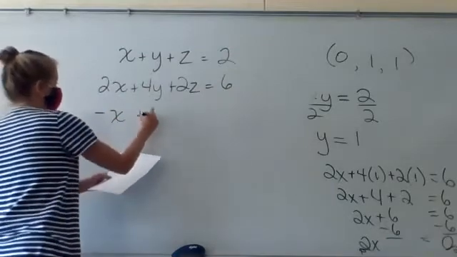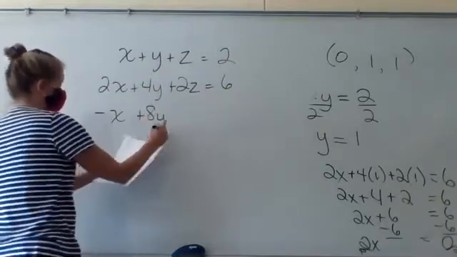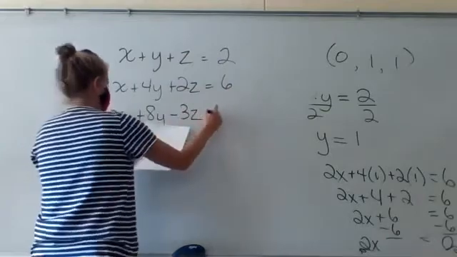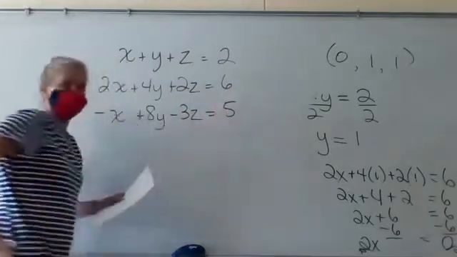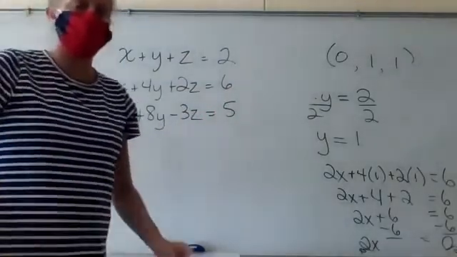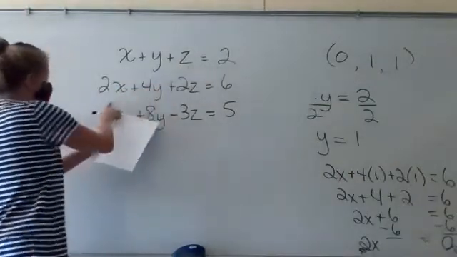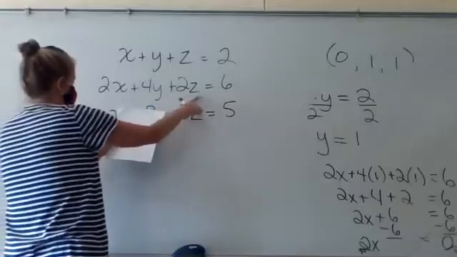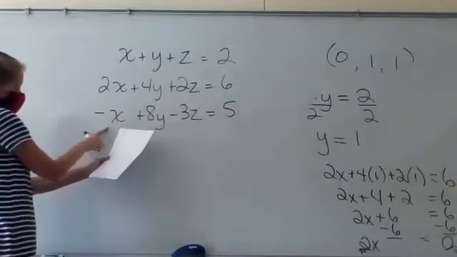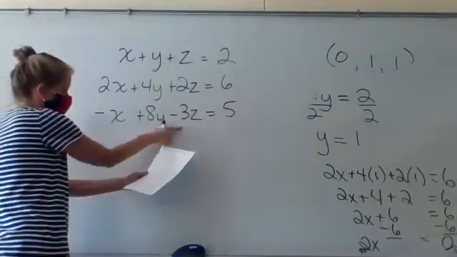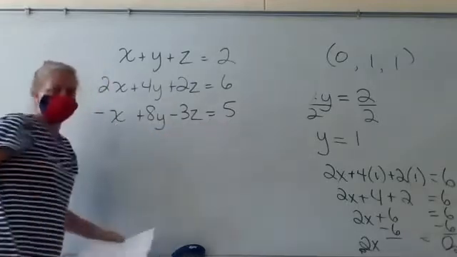Negative x plus 8y minus 3z equals 5. So again, make sure you got all your numbers right. x plus y plus z equals 2. 2x plus 4y plus 2z equals 6. Negative x plus 8y minus 3z equals 5.